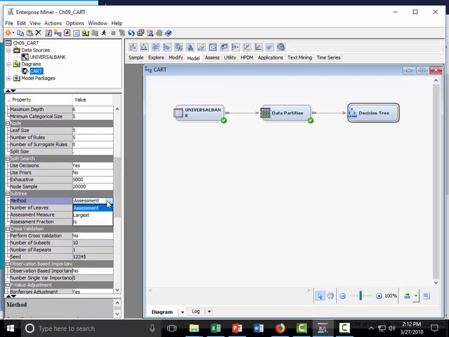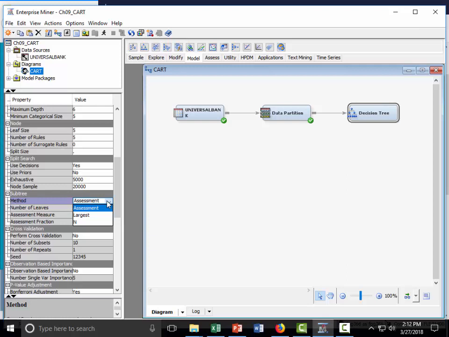Okay. Subtree. Now this is again the pruning. This is again how far down you go, all right. Top down pruning. Assessment would be based on assessment value, okay.